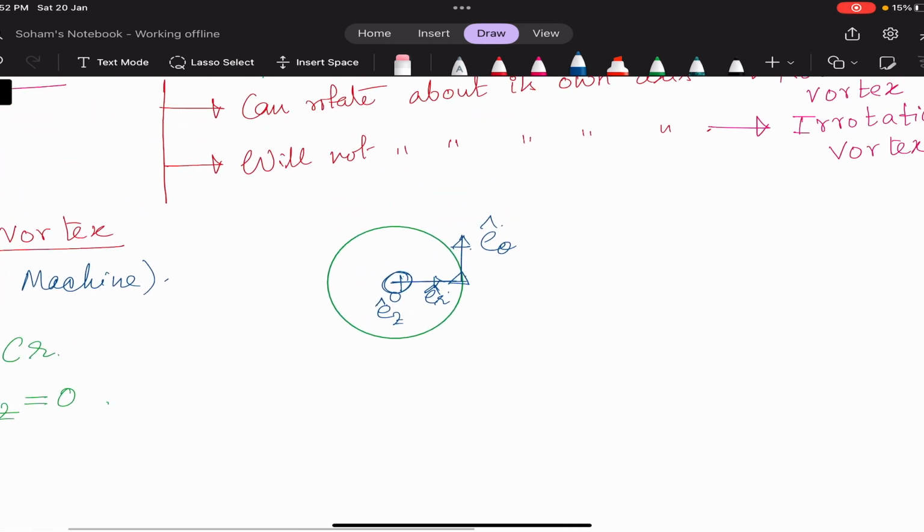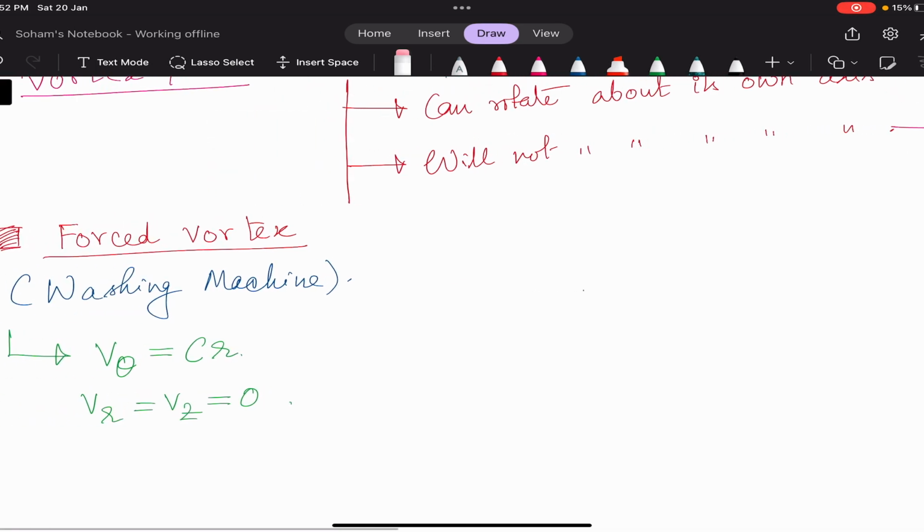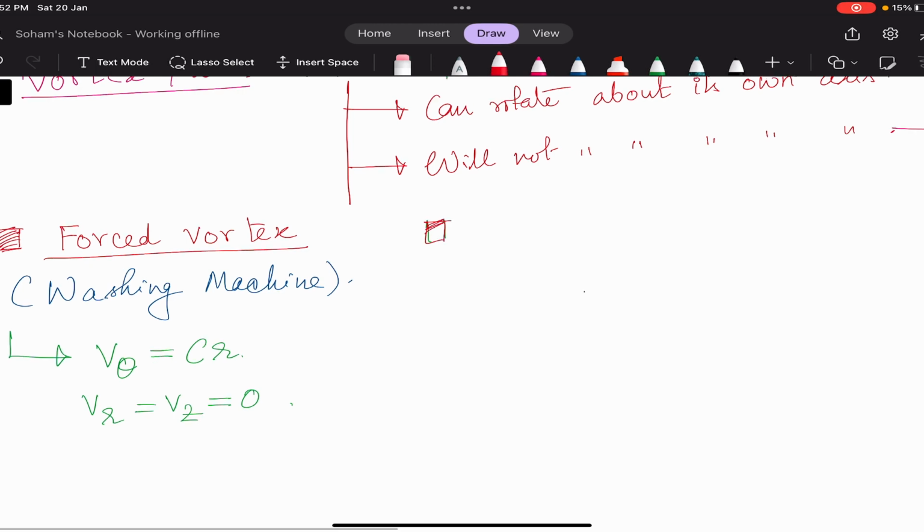Now let me define the free vortex beside the forced vortex. This is the free vortex. The example of a free vortex, let me tell you, is a wash basin.